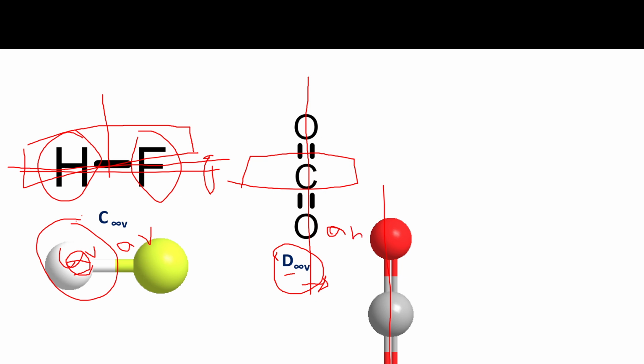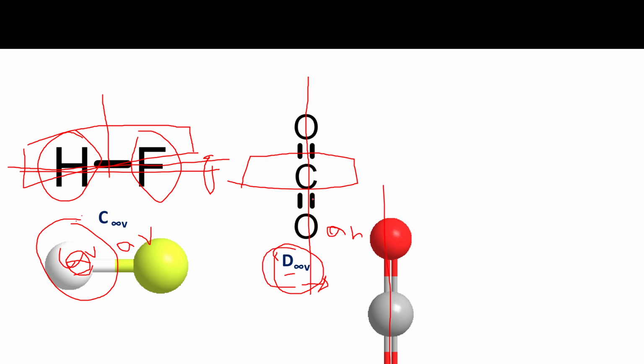If there is no sigma h and you have one principal axis, then the C term will become. If there are multiple principal axes present in a molecule, then in the point group the D will become.